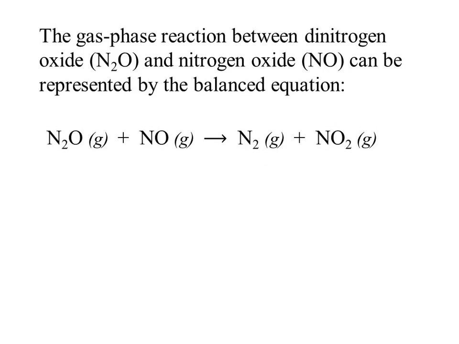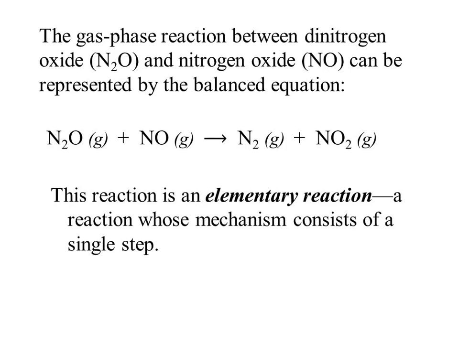So somebody told us that this particular reaction occurs in one step. They have to tell you that, because when we work these problems, they have to give us a little bit of information. The fact that it happens in only one step means this reaction is an elementary reaction.